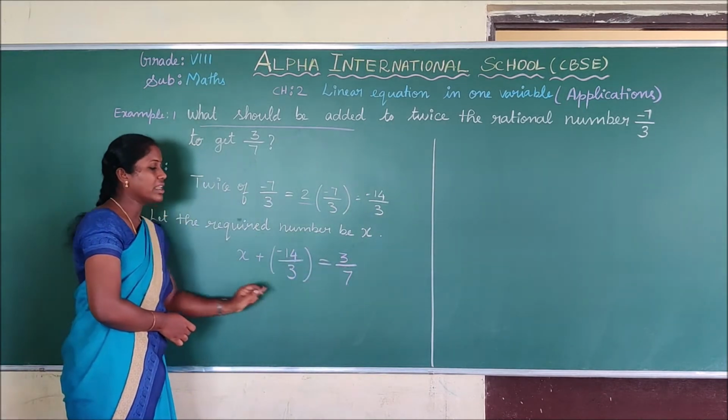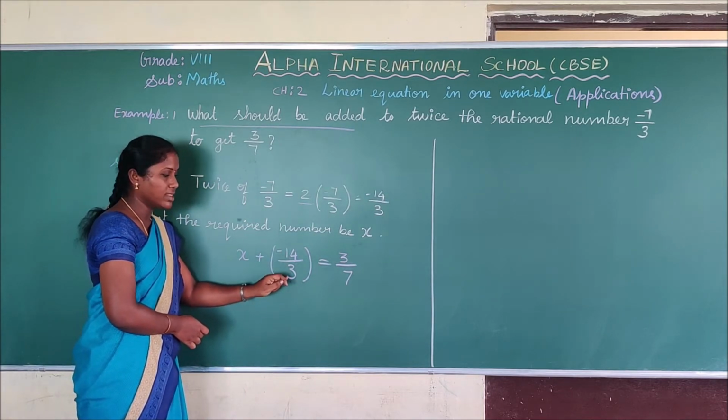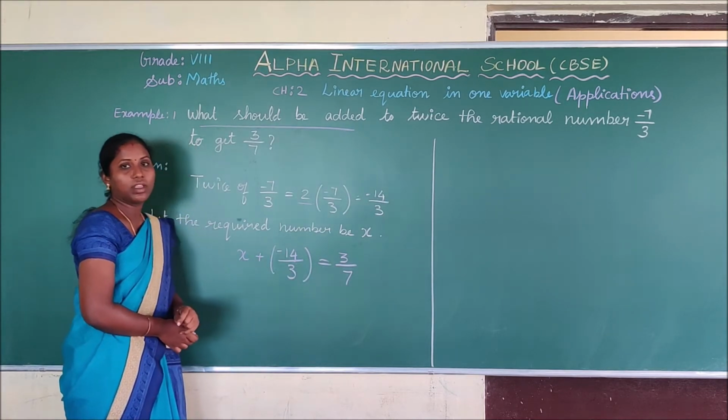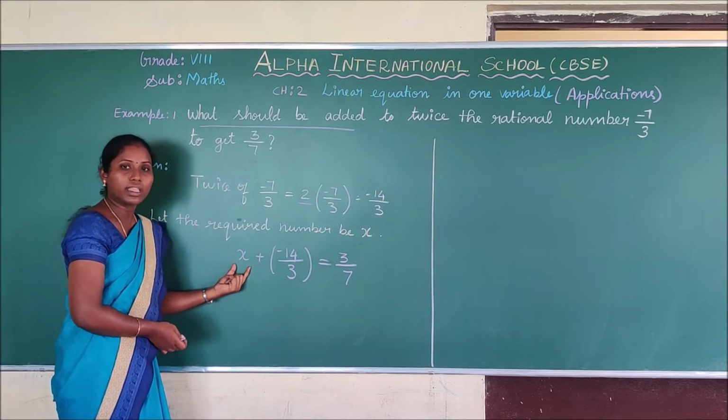So we found the linear equation: x plus minus 14 by 3 is equal to 3 by 7. What do we have to do next? We have to find the value of x, the unknown number.